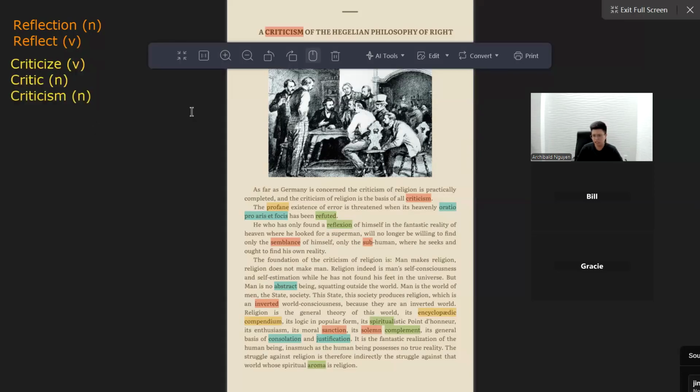All right, let's go. Criticize, critic, criticism, reflection. Why do we need to check our reflection in the way that people discuss about us?